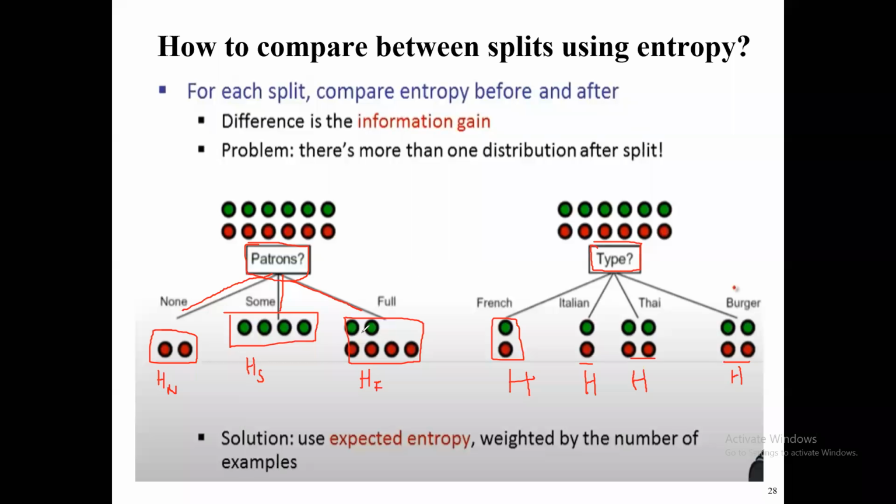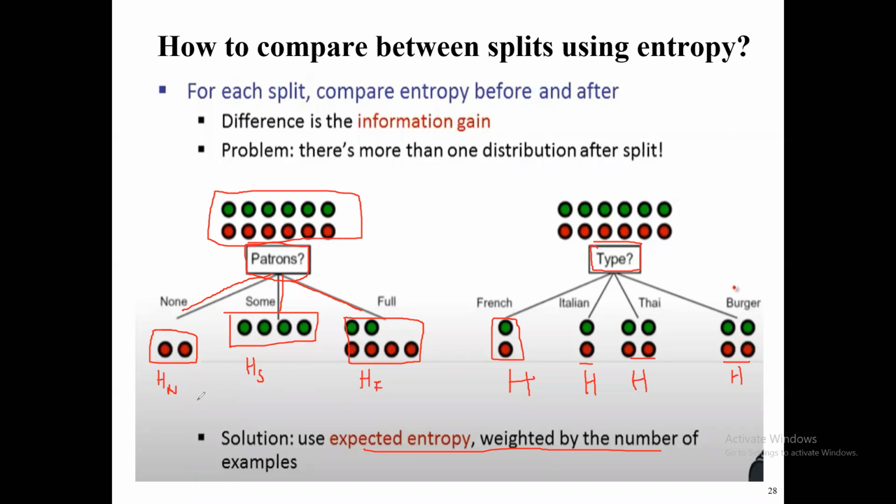So how can we get a single value out of these 3 entropy values? What we do is we take the expected entropy weighted by the number of examples for the patrons attribute. There are 2 examples here out of the possible 12, right?